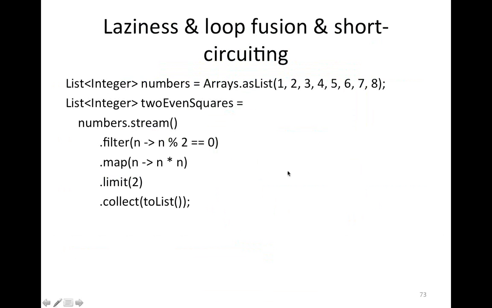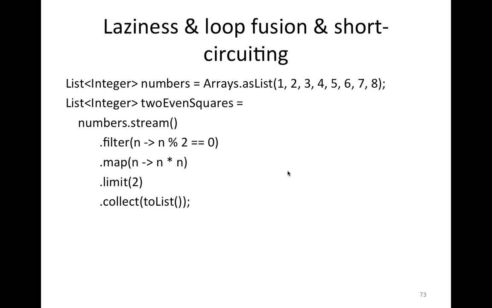I mentioned earlier that streams enable some kinds of optimizations. Those optimizations are called laziness, loop fusion, and short-circuiting. It's not so important to know this terminology, but I'll show an example. Here, given a list of numbers from 1 to 8, we'd like to do some sort of mathematical processing.